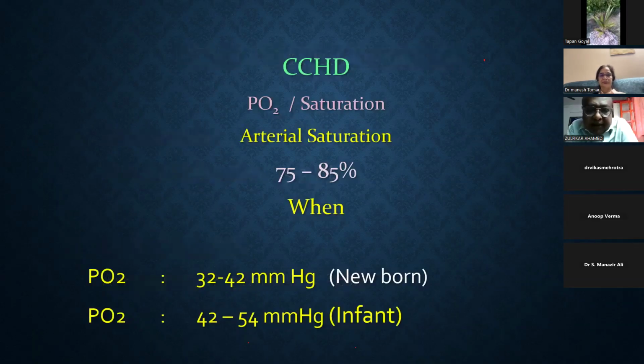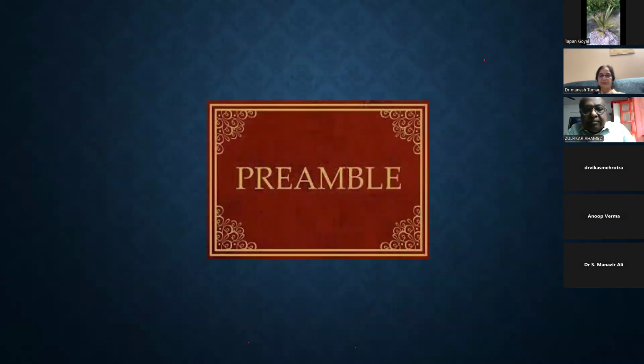When the arterial saturation is around 75 to 85, the PO2 in a child will be between 40 to 50 millimeters of mercury, whereas the PO2 in a newborn with cyanosis will be between 30 to 42, because they have an excess of hemoglobin, which binds to the oxygen.